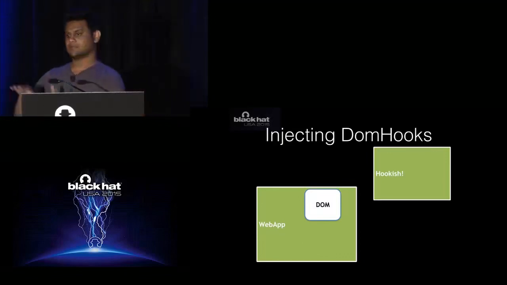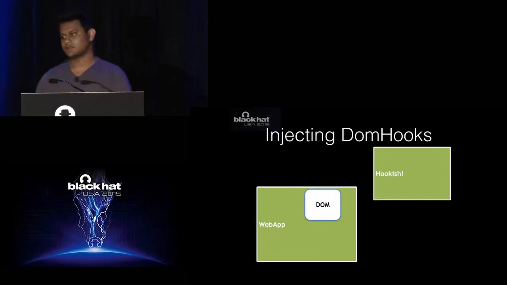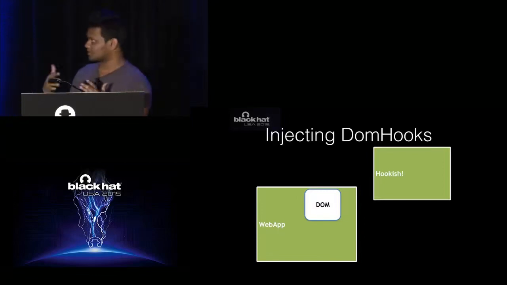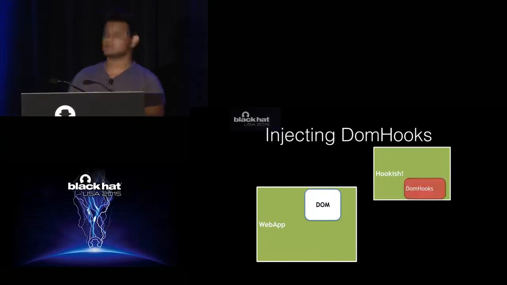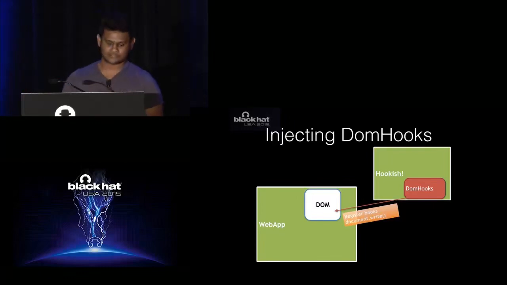So you want a completely isolated context, and Chrome's extension gives you exactly that. Due to some security reasons, extensions already run in an isolated context. So Hookish just takes all these DOM hooks and registers all these hooks, for example document.write, and sends it to that web app's DOM.